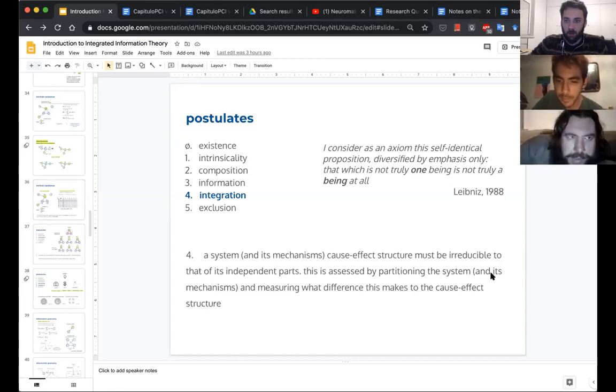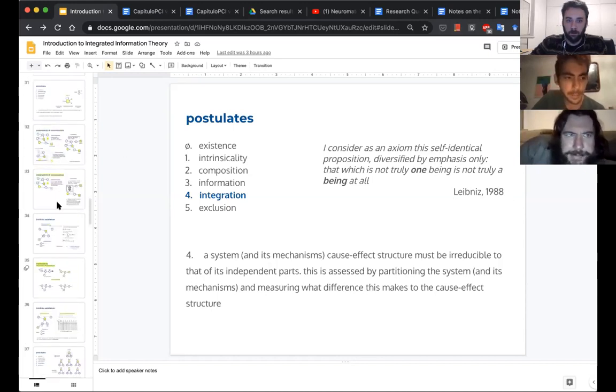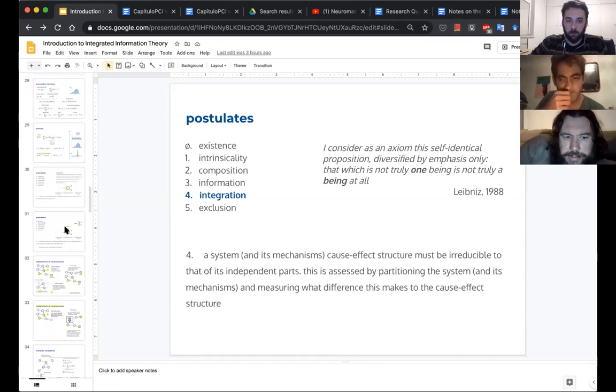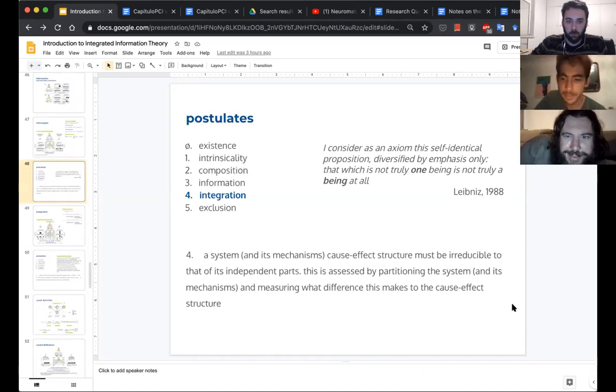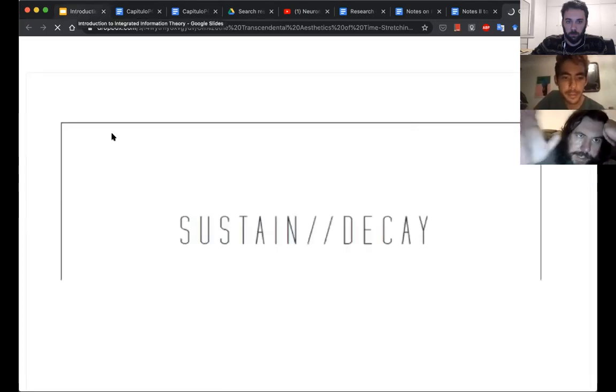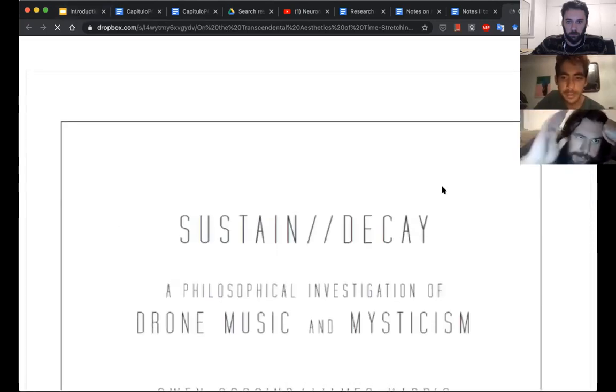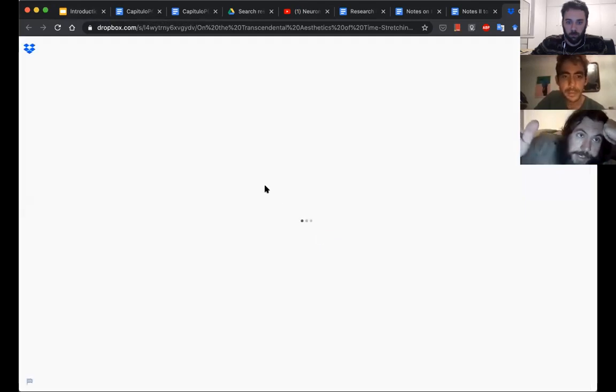Let me just grab it here very quick. My Dropbox. Transcendental aesthetics of time stretching, very fancy. As a matter of fact, I might be starting to work on a time project, an IIT time project. There you go. This is actually the facsimile of the book, the first page of the book wherein it was published.